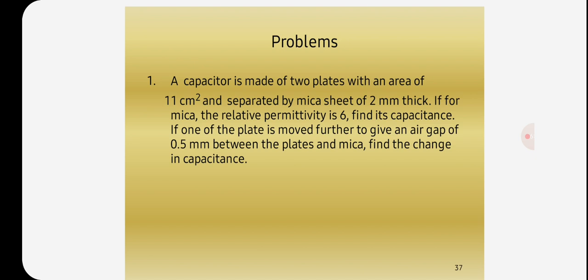If for mica the relative permittivity is 6, find its capacitance. If one of the plates is moved further to give an air gap of 0.5 mm between the plate and the mica, find the change in capacitance.